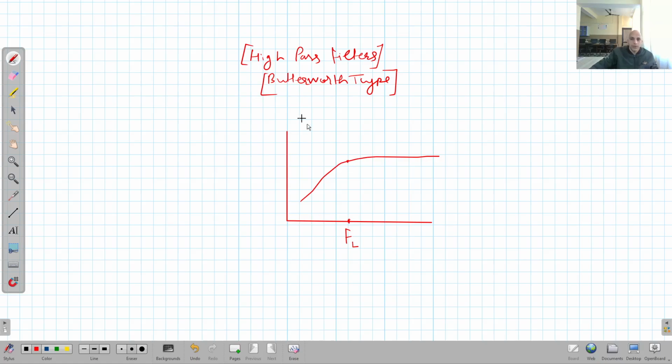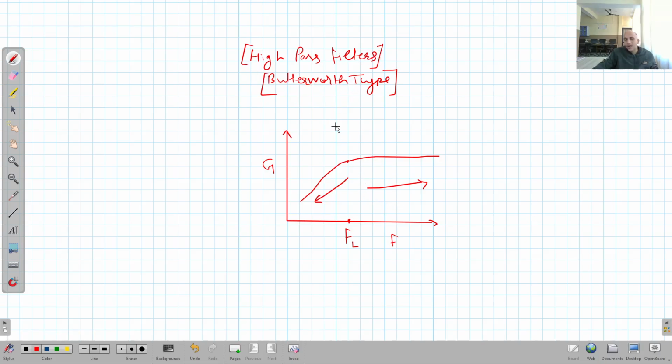All the frequencies toward this side are allowed to pass, whereas all the frequencies below this frequency toward this side are attenuated or stopped by this high pass filter. This is the frequency versus gain graph, the frequency response of a high pass filter. We can see it is exactly opposite to the low pass filters.